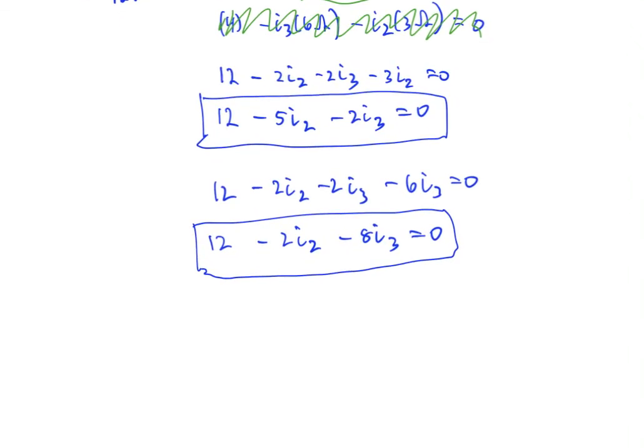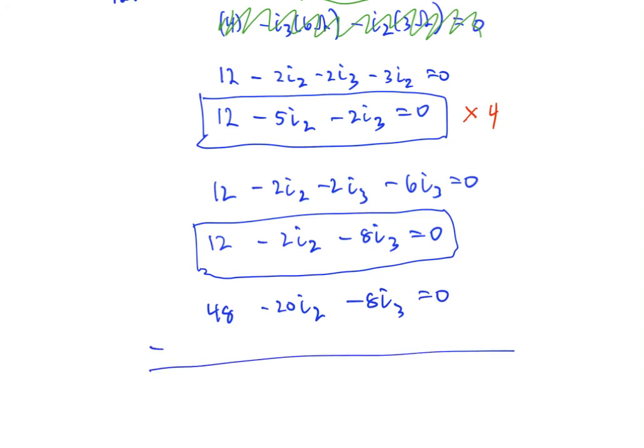So if I multiply the first equation by 4 and then subtract, that should work. So maybe I'll do that down here. If I multiply the top equation by 4, I get 48 minus 20I2 minus 8I3 equals 0. And now I can just subtract these two equations.